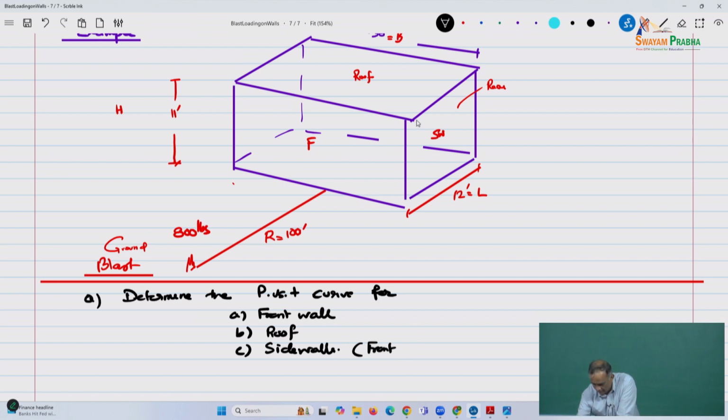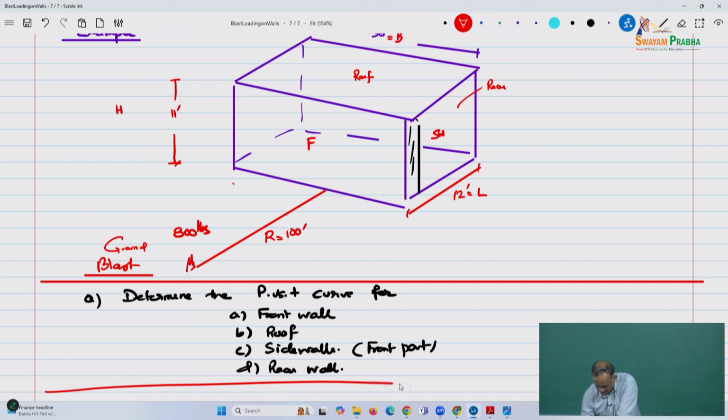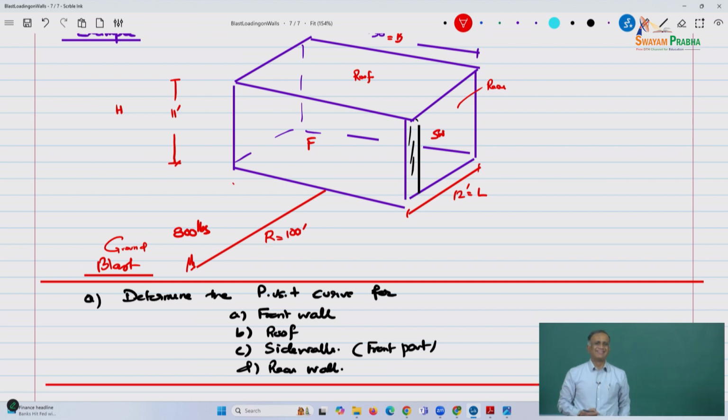So the side wall is this part of it, and the rear wall. And please ask any questions at any point. Hopefully I'll be able to answer all of them. If I don't have an answer, Ralph, ask him. He probably knows better by now.